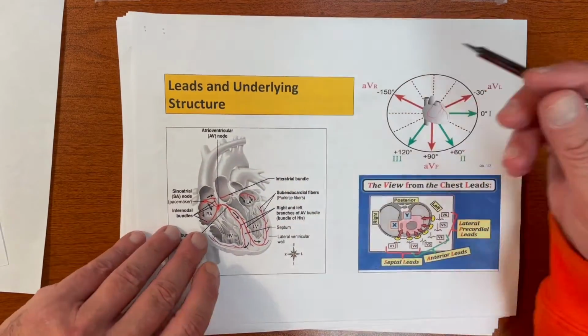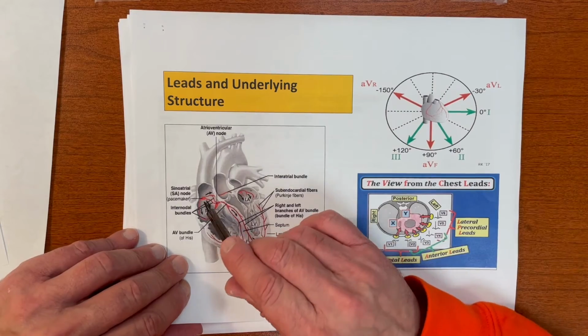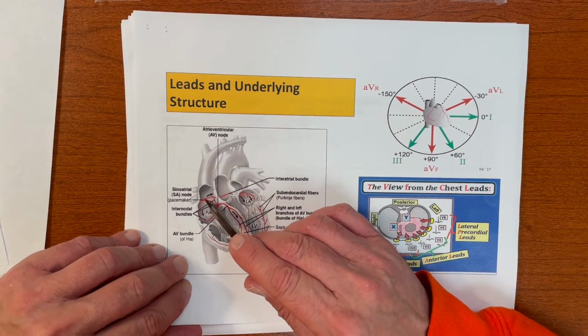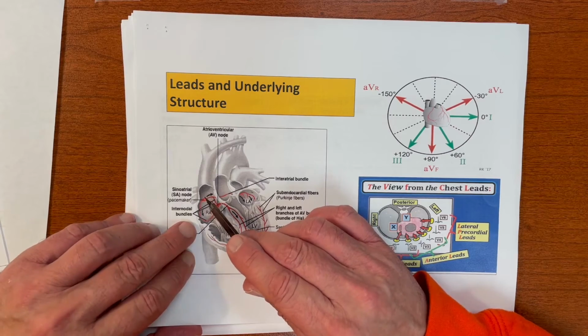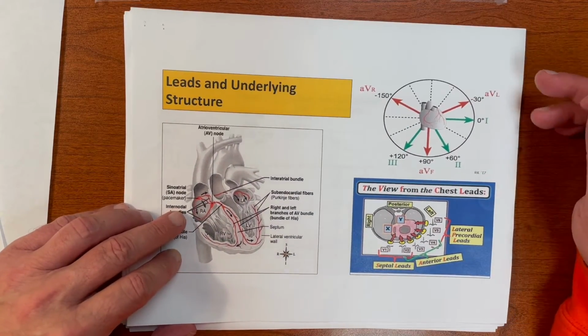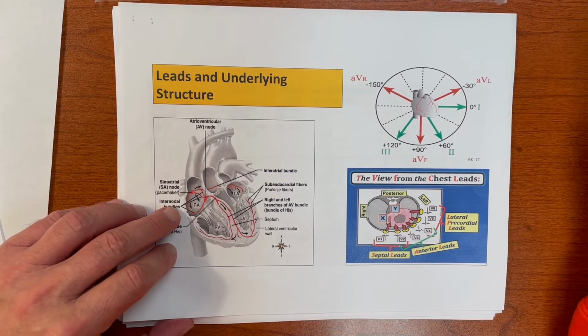All right, so let's see. What we want to do, first of all, normal is starting in the sinoatrial node, i.e. sinus rhythm. All right, so our mission is to determine, does it start in the sinus node. Typically when I ask people on wards, how can I tell that? Oftentimes I get the answer, you look for a P wave.